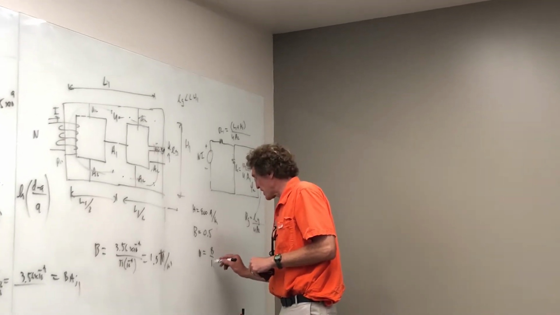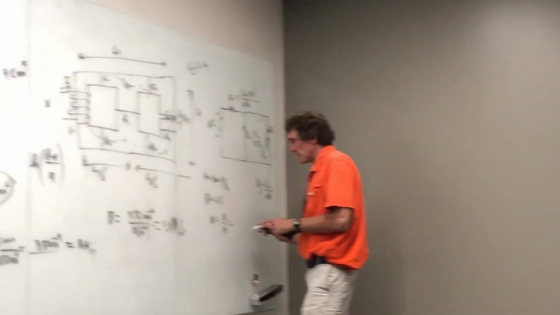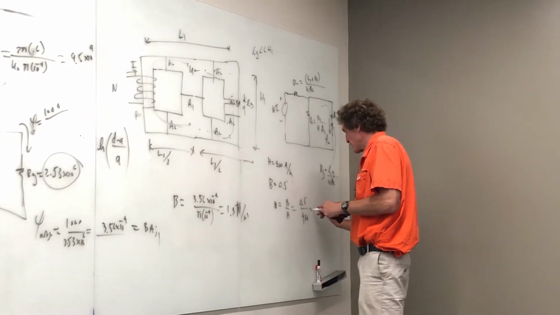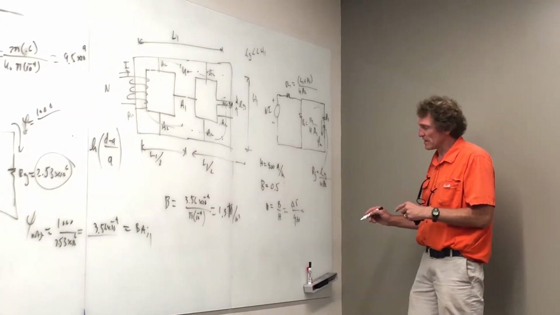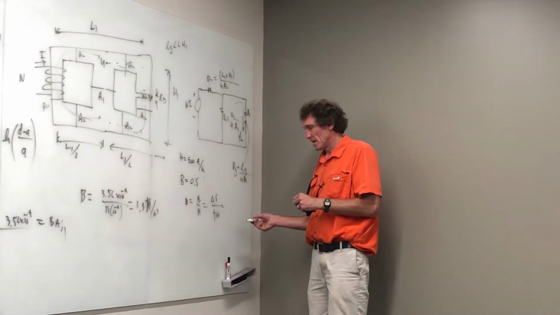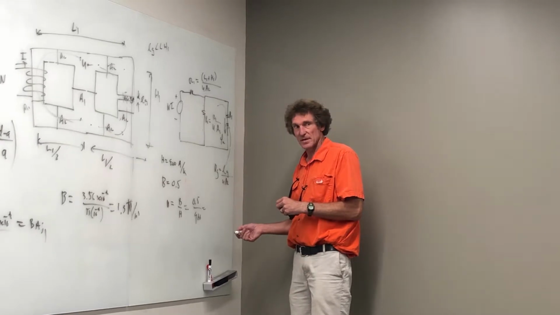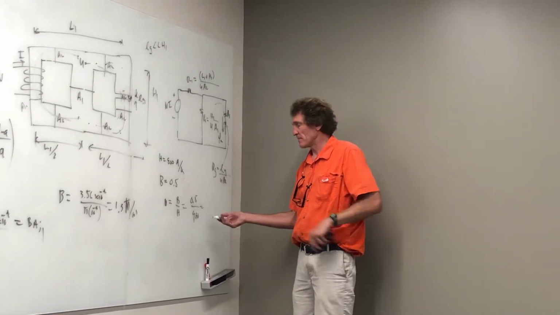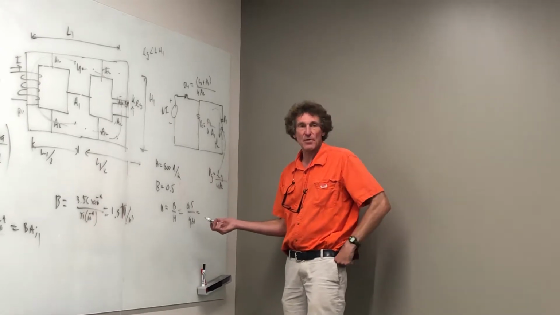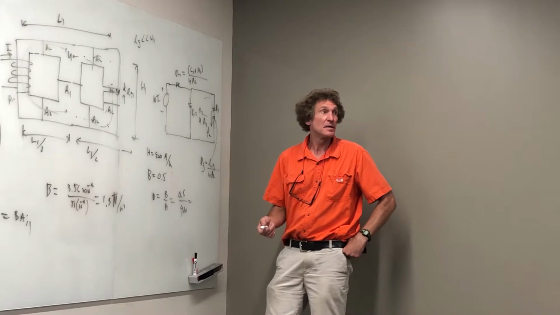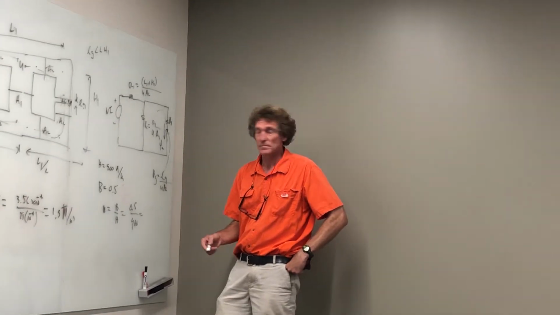So B over H would be mu, and what happens? 0.5 over 900 is what? Call it over 1,000, what do you get? That value is very large is what I'm getting. Our mu naught is what, 4 pi times 10 to the minus 7. What's this value going to be? 5.6 times 10 to the minus 4.